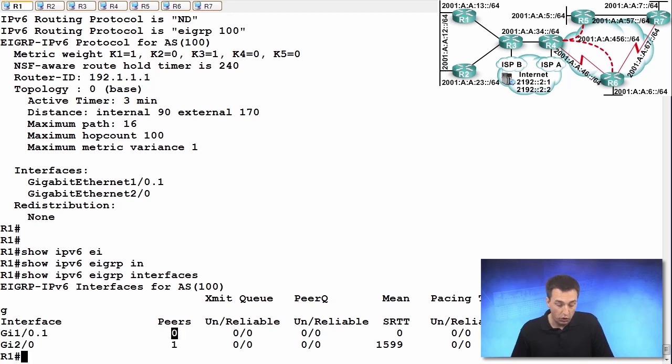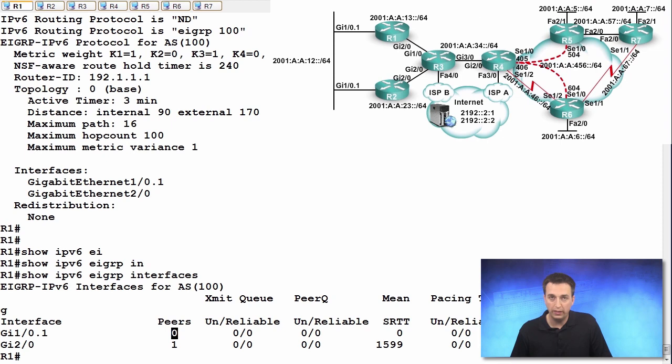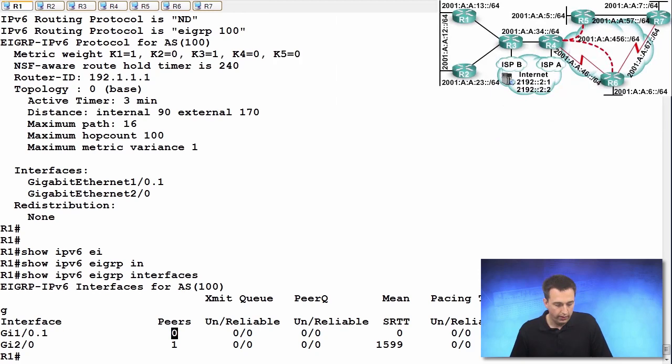We can see that we have no peers out the Gigabit 1/0.1 interface, which would be this interface connected off of R1. And the Gigabit 2/0 interface has one peer. So we expect that.